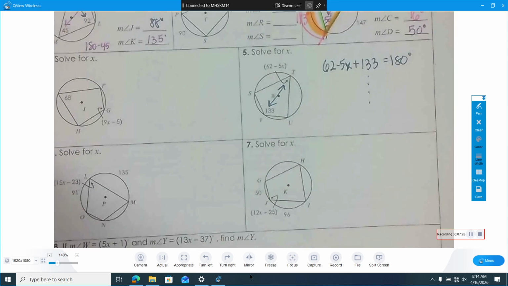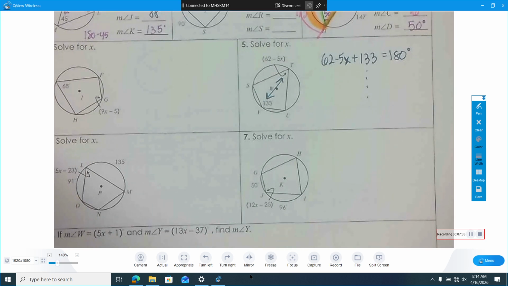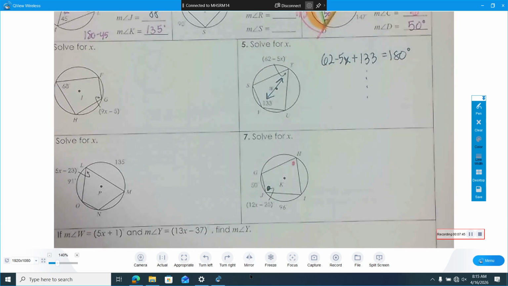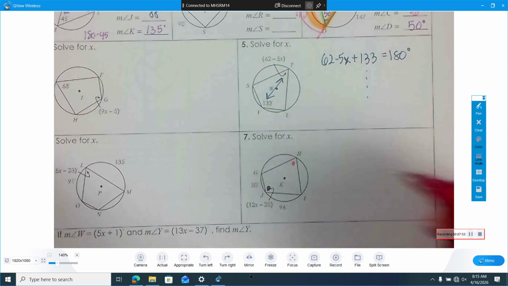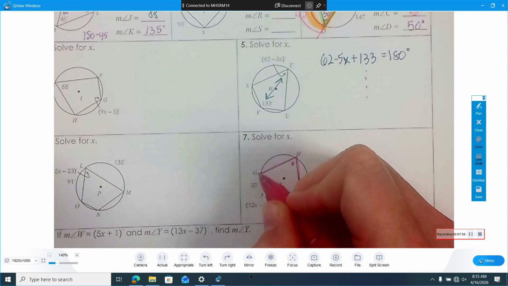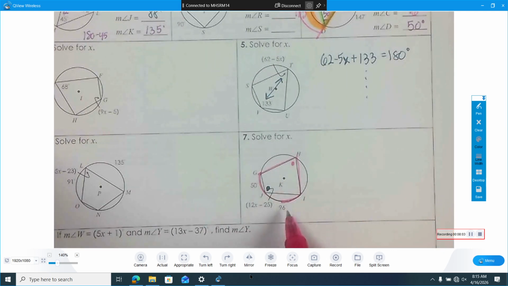Let's look at number 7. So I have information about angle J. I could really use some information about angle H. Angle H is an inscribed angle, and it's intercepting this arc right here, which we know is 50 plus 96.